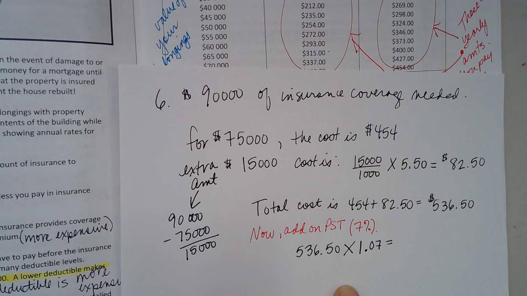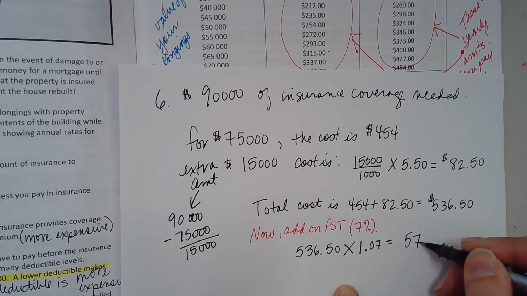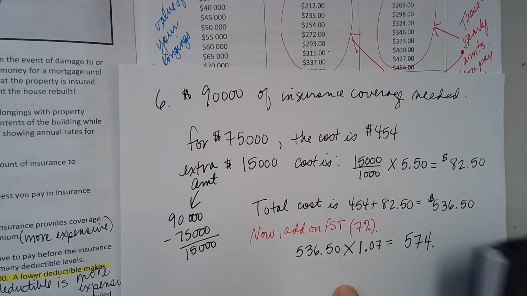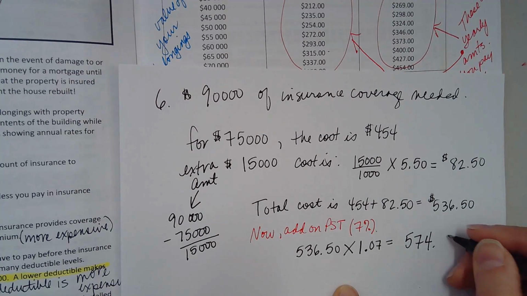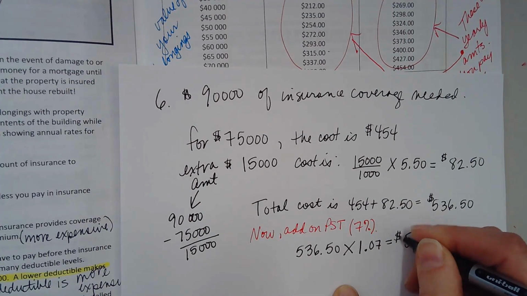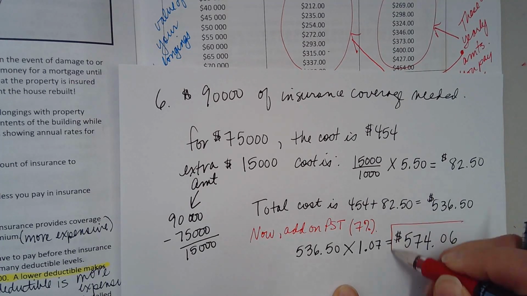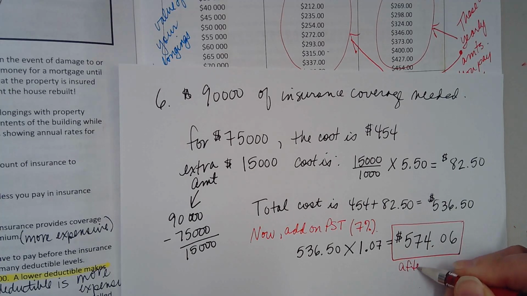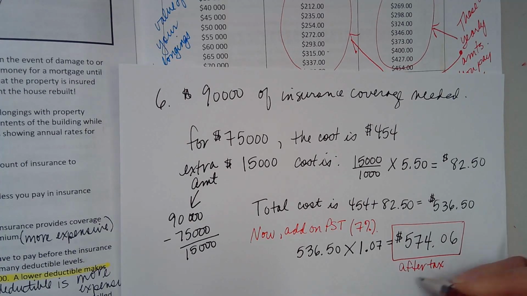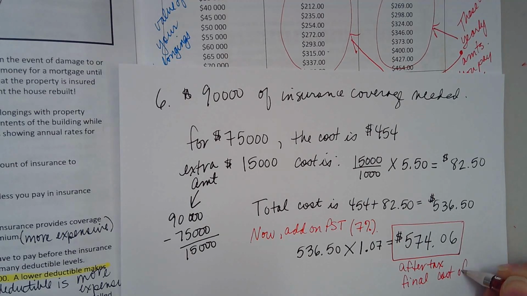So I get 574.06, rounding properly. This is the after-tax final cost of insurance.